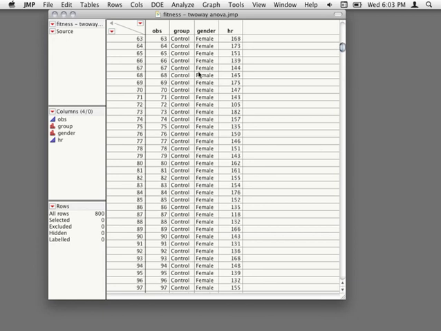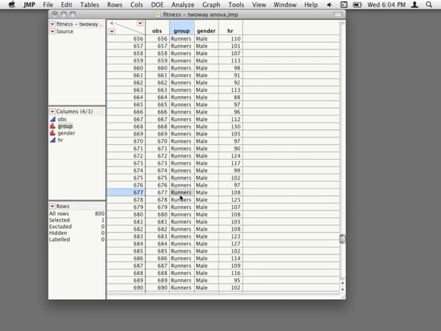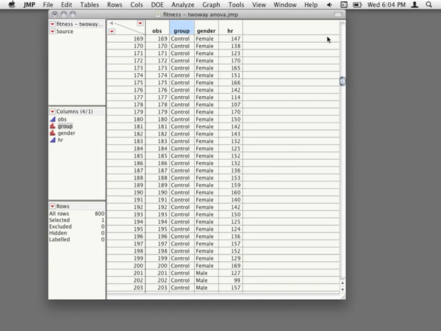So it's looking at individuals' heart rate after 6 minutes of exercise, broken down by gender, so males and females, and also control versus runners. Runners are classified as individuals who typically run more than 15 miles a week. And I guess controls, they listed as people who live a generally sedentary lifestyle. Whatever that means.